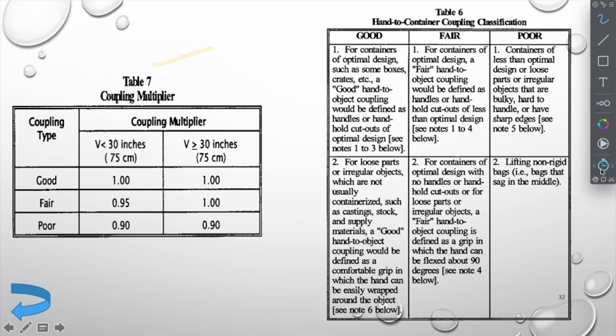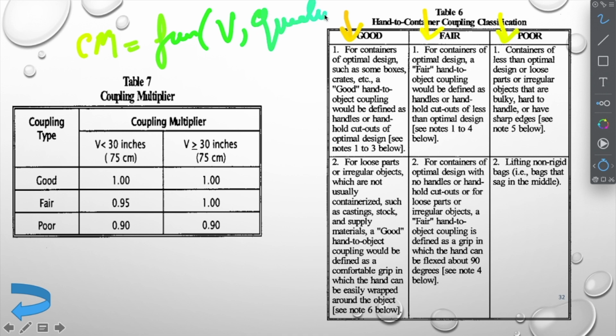For the coupling multiplier, we have to see whether the coupling is good, fair or poor. Poor means it is difficult to hold the job. Fair means it is okay to hold the job. Good means it is comfortable to hold the job. And with respect to the vertical distance, the coupling multiplier is a function of vertical distance as well as quality of coupling.